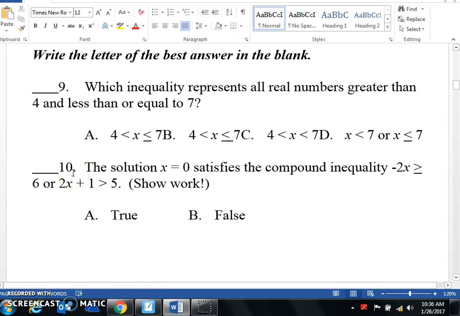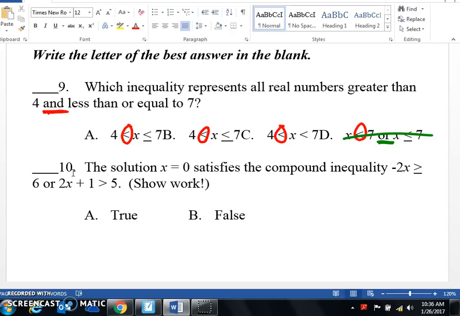All you have to know for this one, it says which inequality represents all real numbers greater than, so we want a greater than sign, so there's a greater than, there's a greater than, there's a greater than, and there's a greater than. And so that's now out because that's an or, so that's off. And less than or equal to, okay?